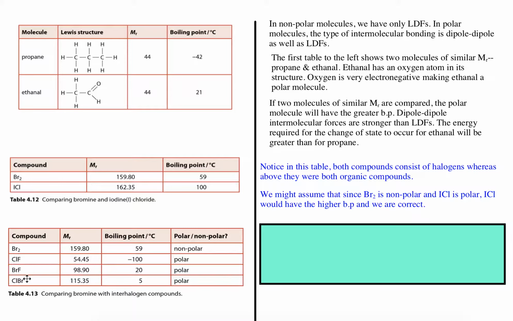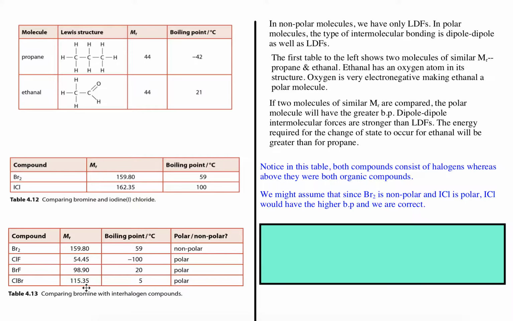ClF, BrF, ClBr, and Br2. Now notice, very different molecular masses. All halogens, okay. So you think, great, they're all halogens.